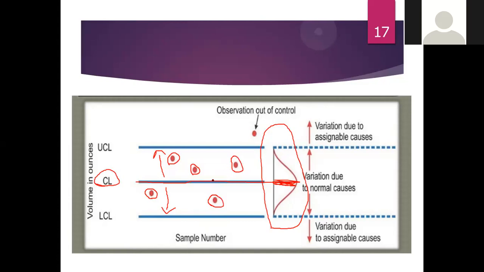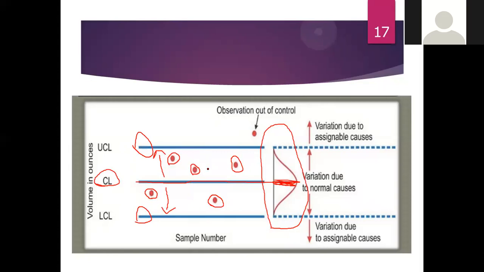So among these samples there are variations, right? Some samples have more value, some samples have less value. So this is the variation. But these two blue lines are the control limits. This is the upper control limit and this is the lower control limit, right?